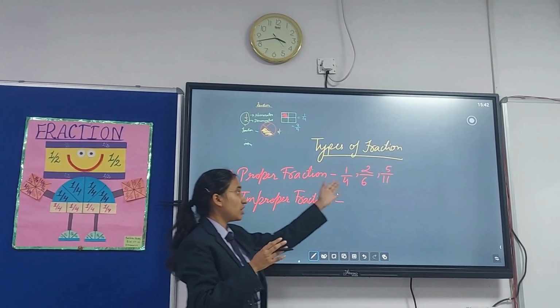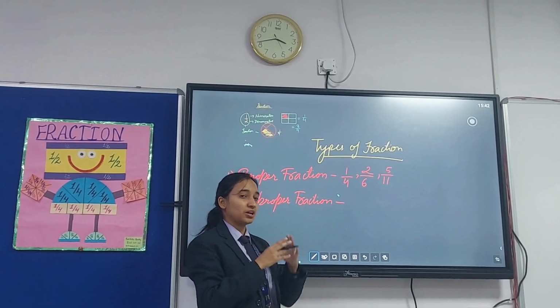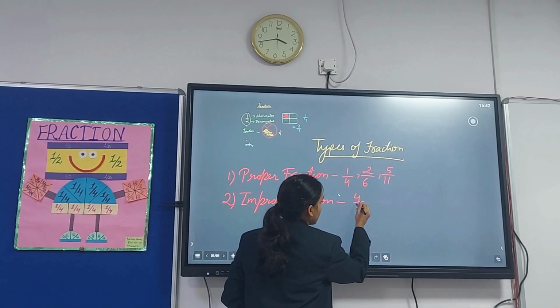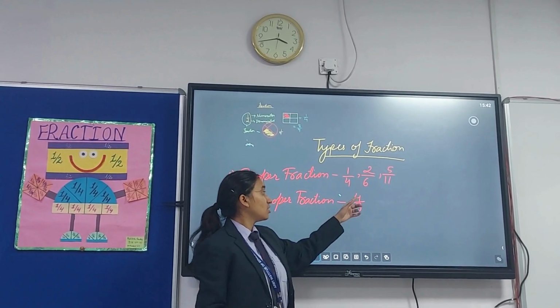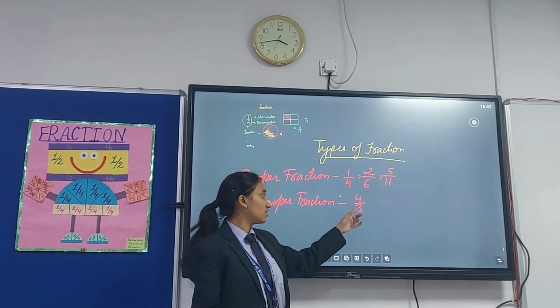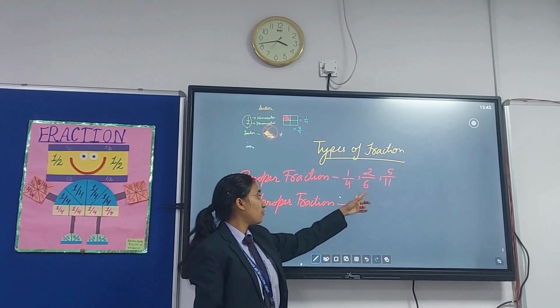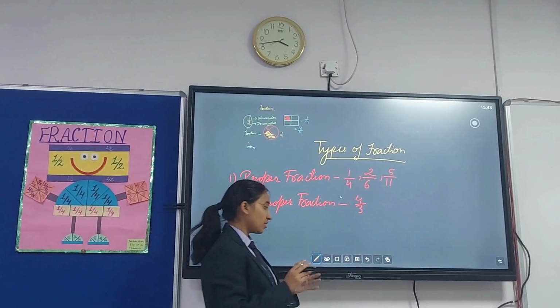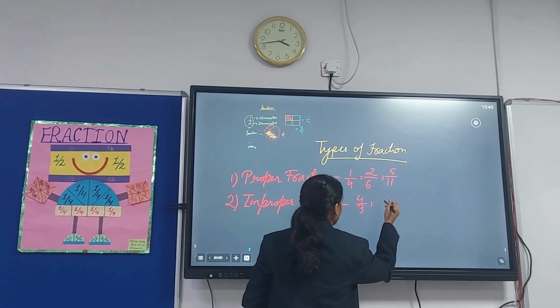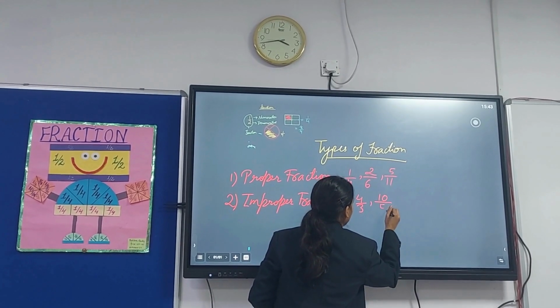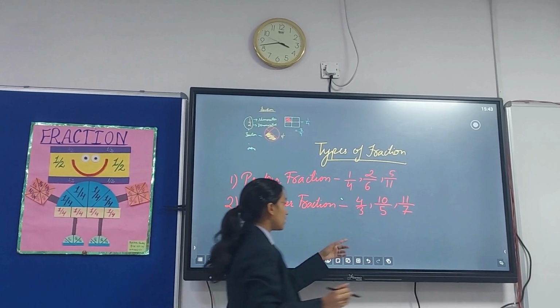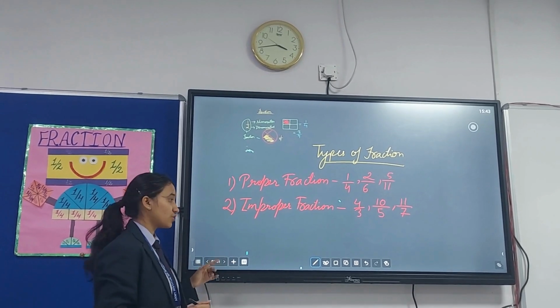Here the numerator will be bigger and the denominator will be smaller. For instance, 4 by 3. Here the numerator is bigger and denominator is smaller. So 4 by 3 will be considered as an improper fraction. Few more examples. 10 by 5, 11 by 7. These are the examples of improper fraction.